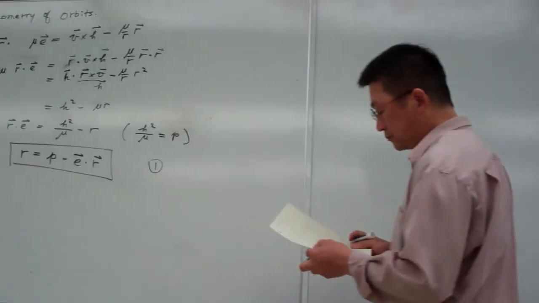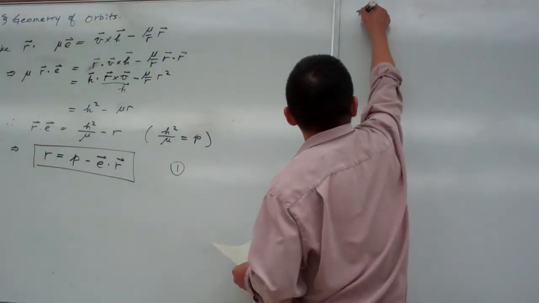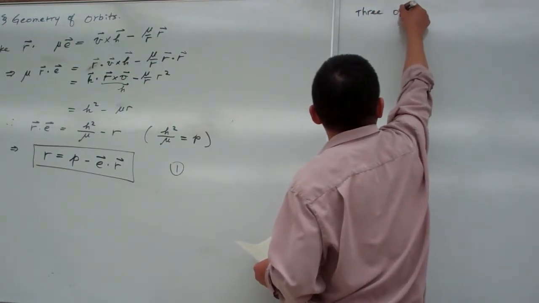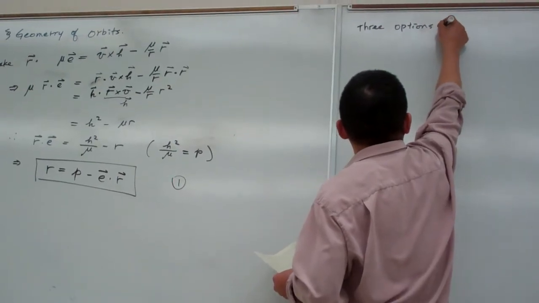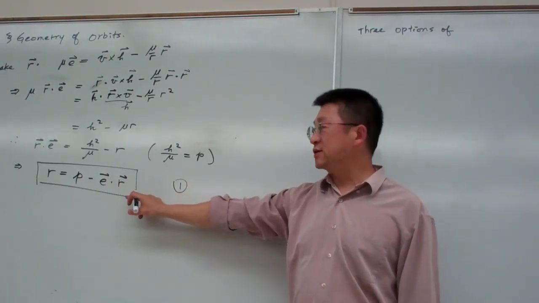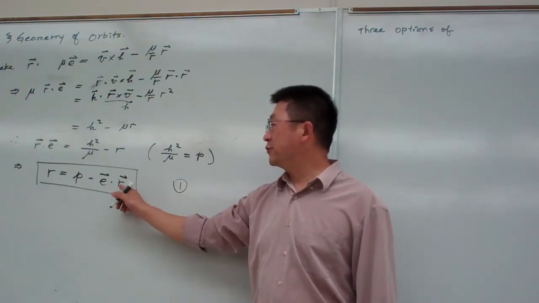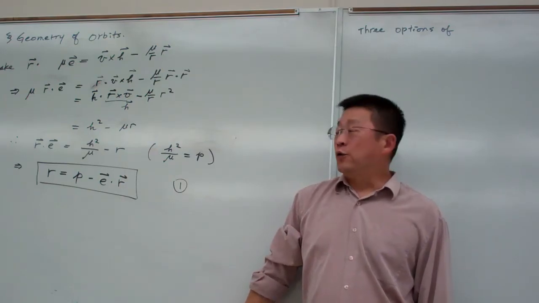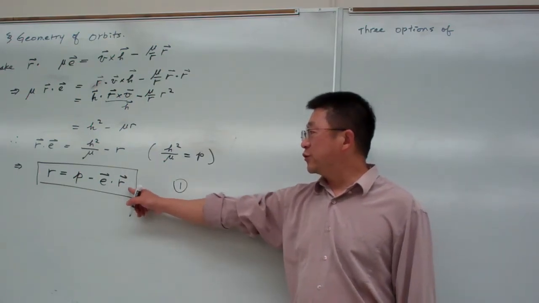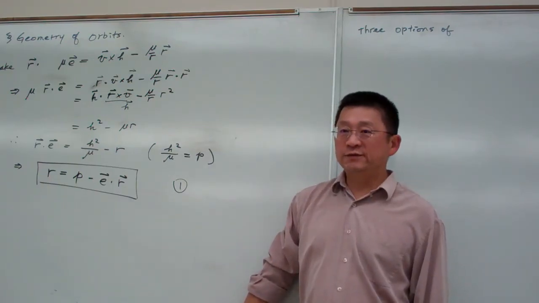Let me call this equation 1. A few options, 3 options. Because this is a vector equation, and this is a scalar quantity, the scalar quantity involves the inner product of the 2 vectors. So that means this should be universal regardless of the coordinate system we use.